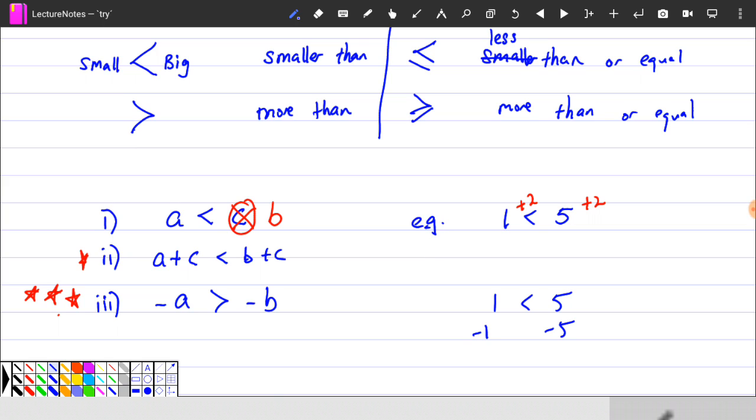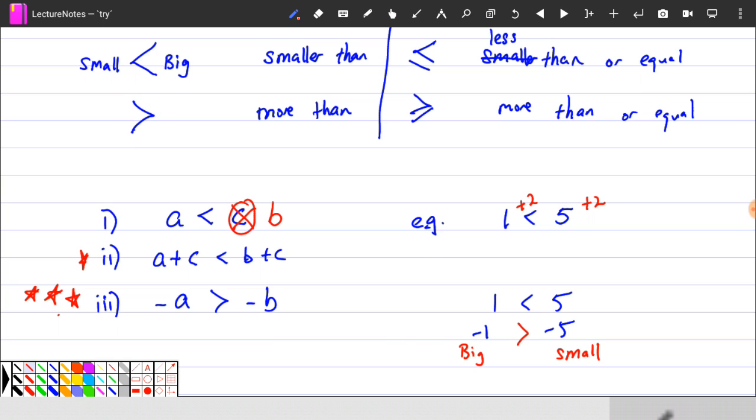Which one is bigger? Minus 1. So this is bigger. This is smaller. And hence the sign needs to change, even though the numerical value is the same.